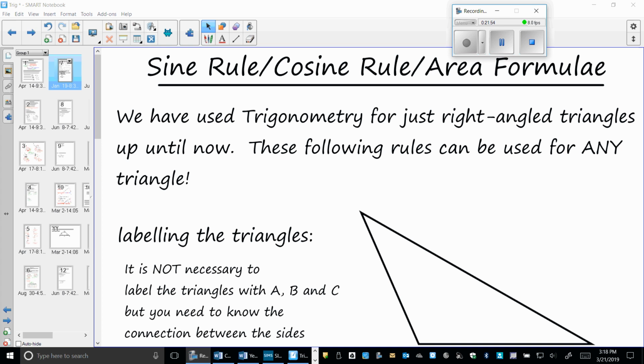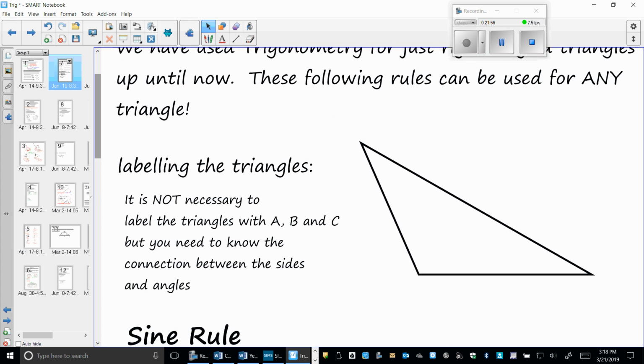So fear not. Whilst the initial SOHCAHTOA is only for right angles, the sine and cosine rules are for any triangle. If you have a triangle ABC, each angle's opposite length is labelled with a lowercase letter, so this would be A, this would be B, and this would be C. Just remember that the connections are between the angle and the length opposite that angle.